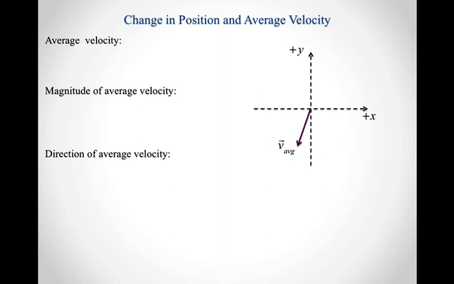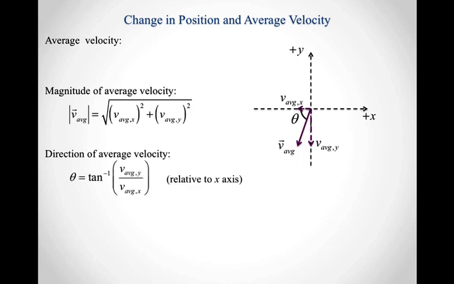Just like before, once I know the two components of the average velocity vector, I can Pythagorize to get the magnitude. So I'll have the square root of the x component of the average velocity squared plus the y component of the average velocity squared. That's going to give me the magnitude of the average velocity vector. And again, I can define an angle.